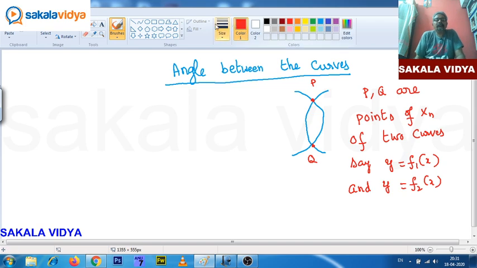See, now here you draw a tangent at this point. Draw another tangent to the first curve. So, now if you observe, they make angle between them.